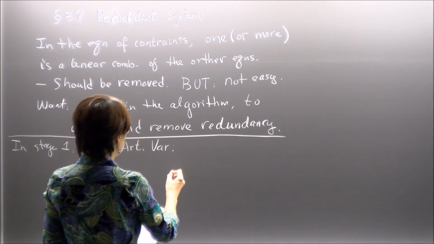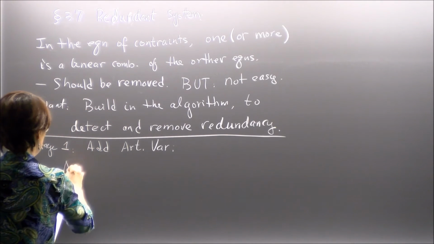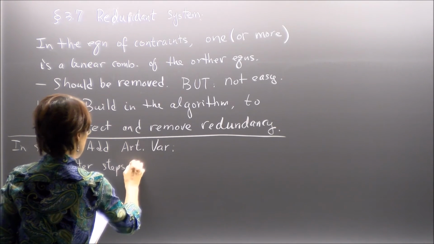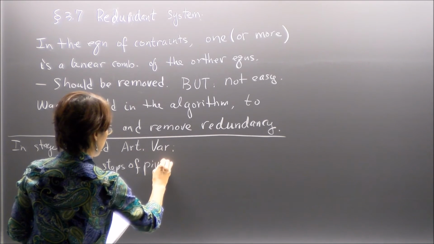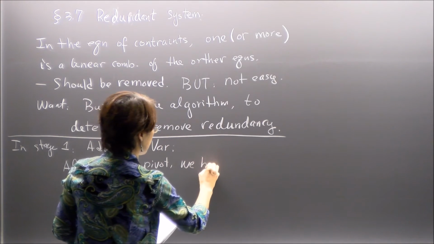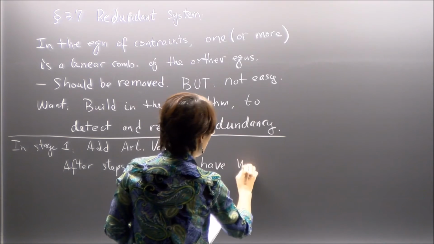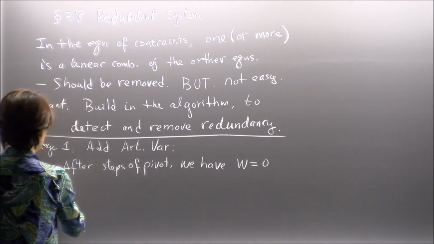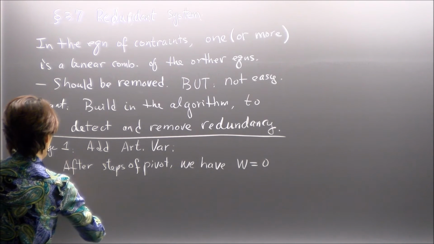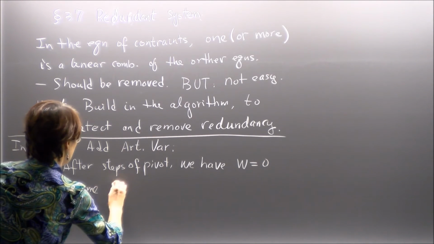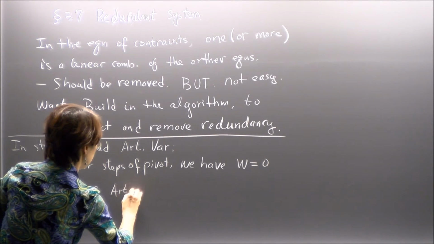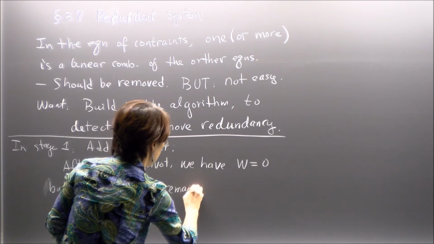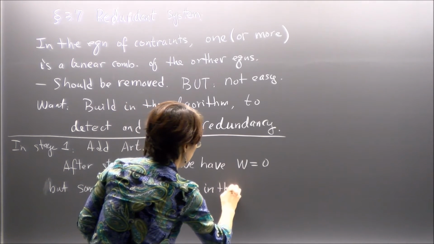So, okay, let's write this out. After some steps of pivoting, we have found that W is 0 at the basic solution, but some artificial variable remains in the basic variables.